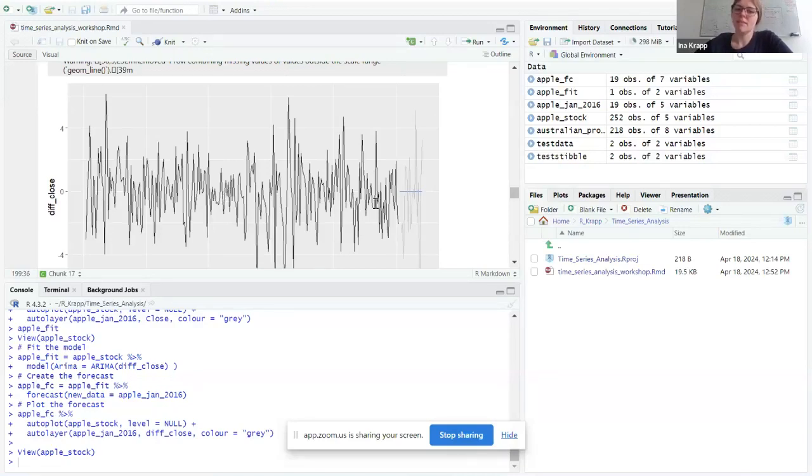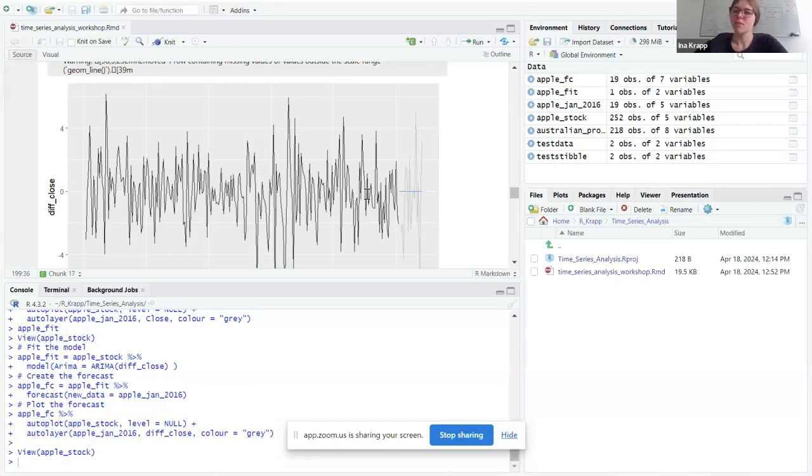And the ARIMA model, again, presents a somewhat strangely looking forecast because the blue line, again, predicts no changes, even though the data in the past has obviously changed quite a lot.